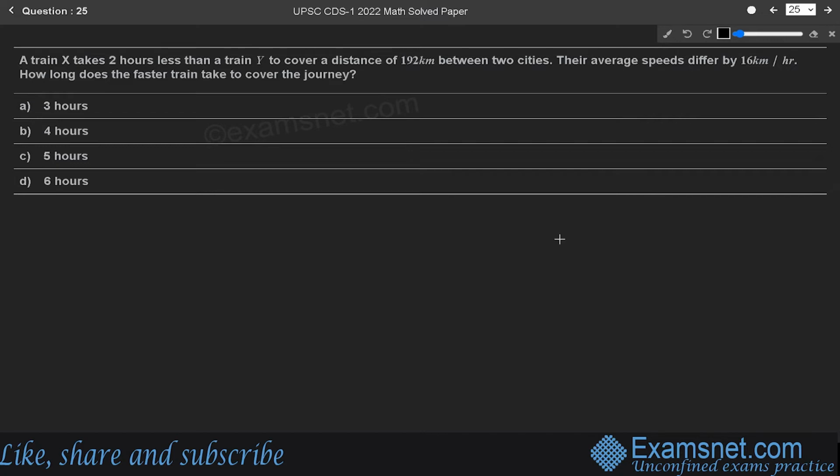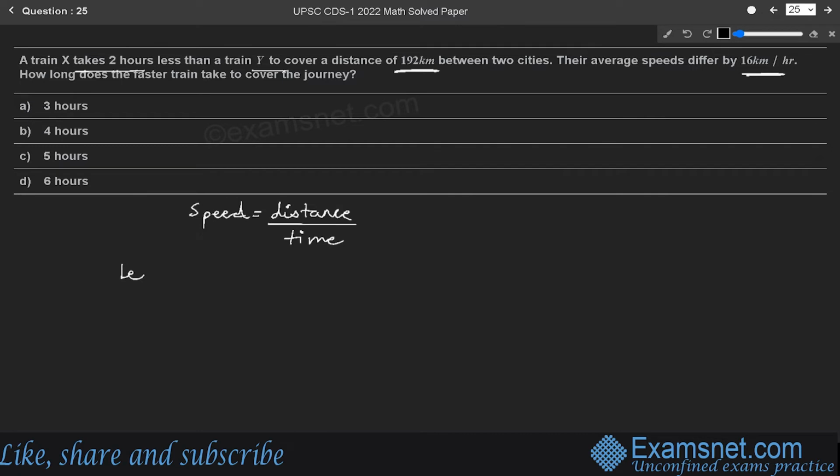Given things are, train X takes 2 hours less than train Y to cover a distance of 192 km and the average speed differs by 16 km per hour. We know that the formula for speed is distance upon time. According to the question, X is the faster train since it takes less time than Y to cover the distance.